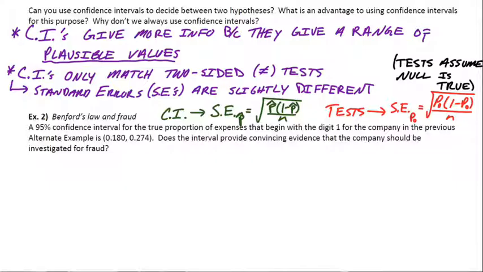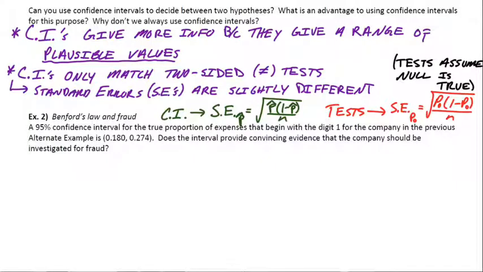One thing I want to point out really quick, in the first example, when we did the test, alpha was 0.05. Now when we do a confidence interval for this one, the confidence level is set at 95%. So there's an interesting relationship there, right? Alpha was 0.05, this is 95%. If this was 99%, you could probably guess what alpha would be.